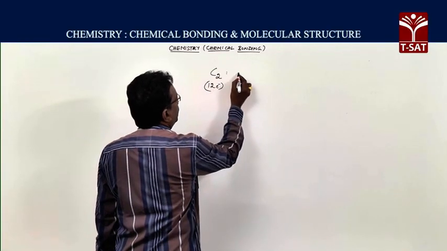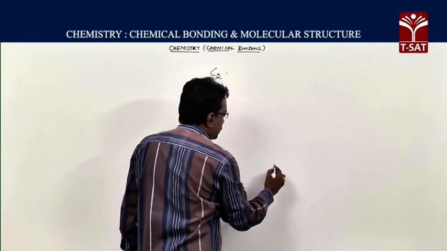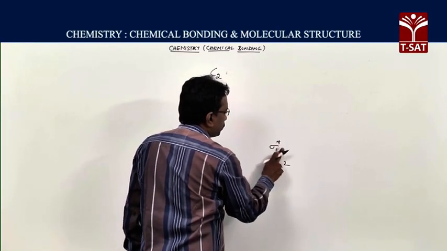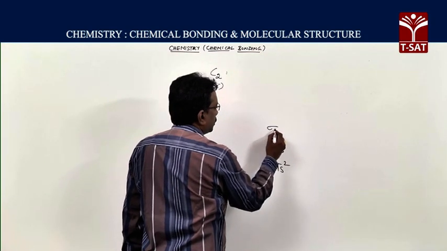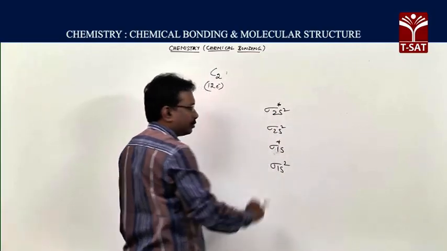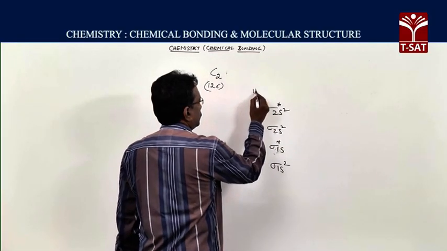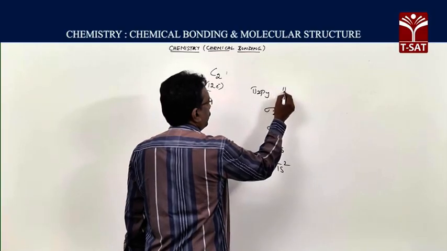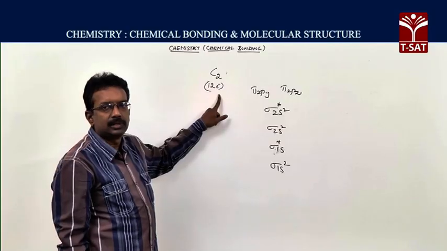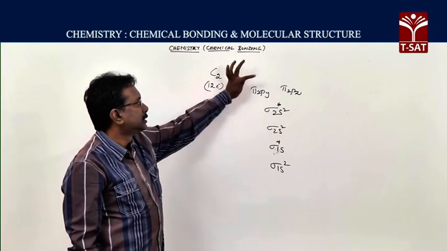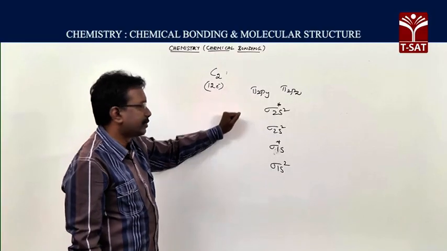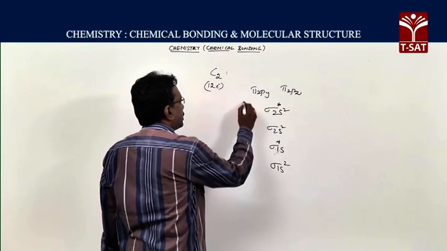Then according to molecular orbital theory, the configuration is σ1s2, σ*1s2, σ2s2, σ*2s2, next π2py, π2pz. This is a less than 14 electron system. For a less than 14 electron system, σ2px has more energy than π2py and π2pz. Then this is the order of energy.